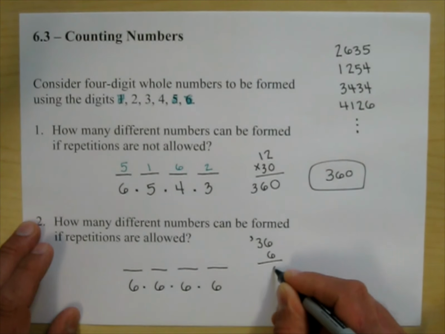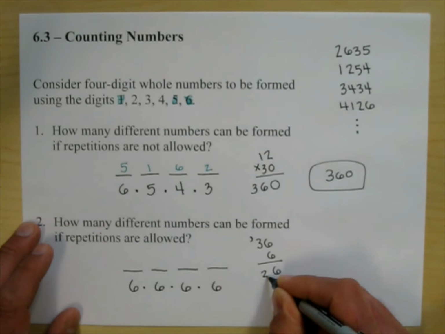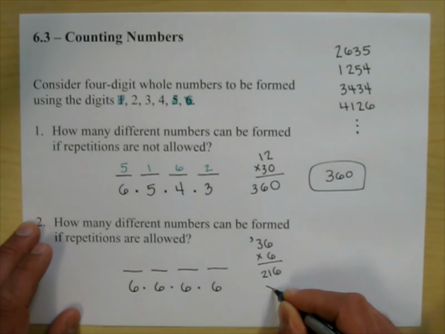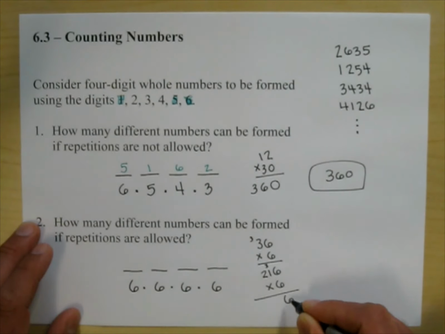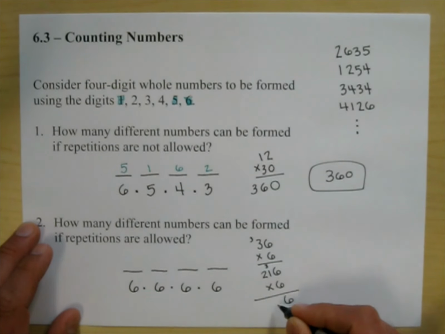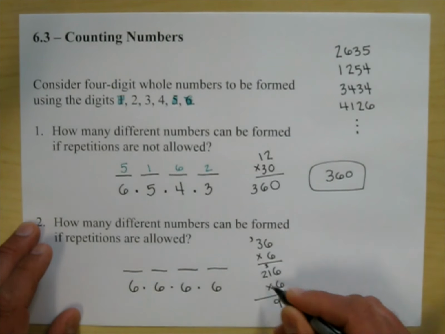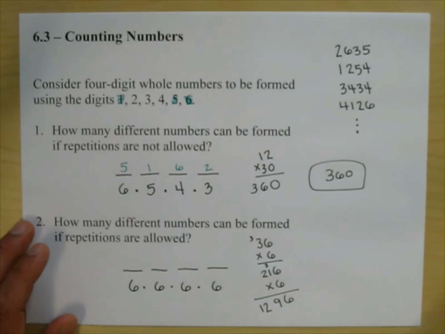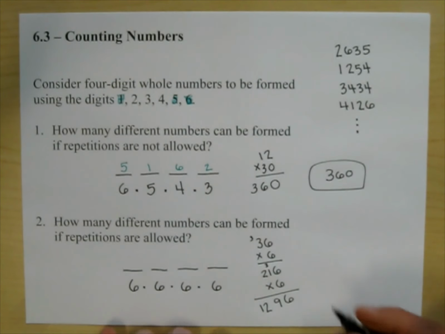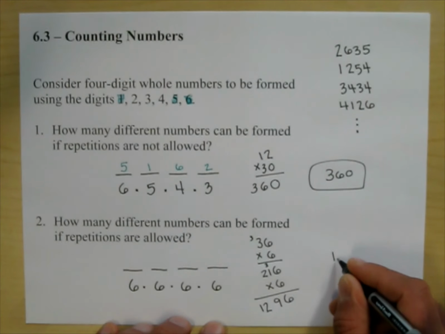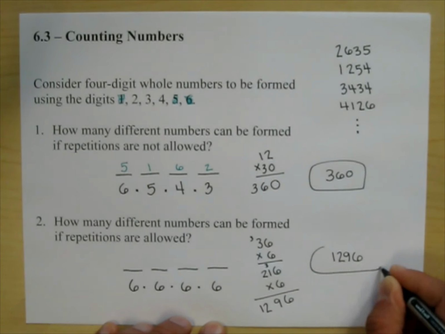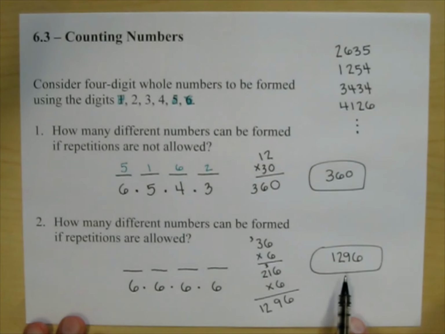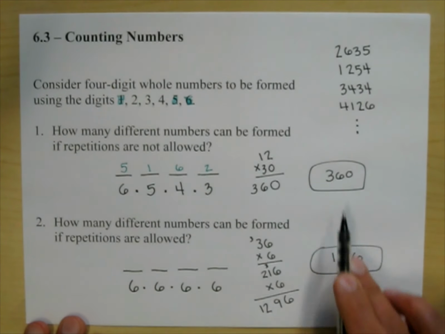So we have 36, 18, 19, 20, 21. Okay, and then I have to multiply by 6 one more time. 36, carry the 3, 6 times 1 plus 3 is 9, and then 6 times 2 is 12. Whew. Okay, so this one gives me 1,296.